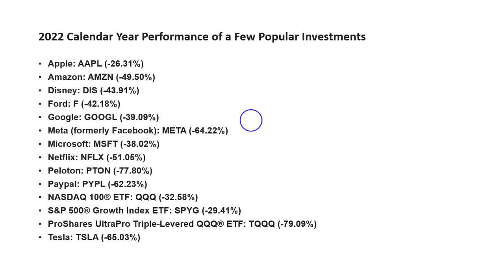64.22%, guys. Now, let me stop here for a second and remind you that if you lose 33% on something, it takes a 50% return to get back to where you started. If you lose 50% in something, it takes a 100% return.